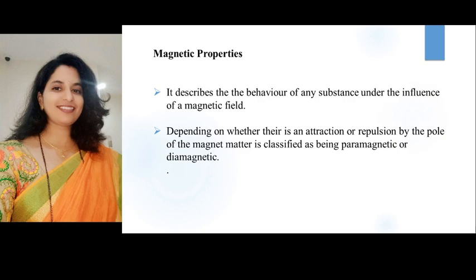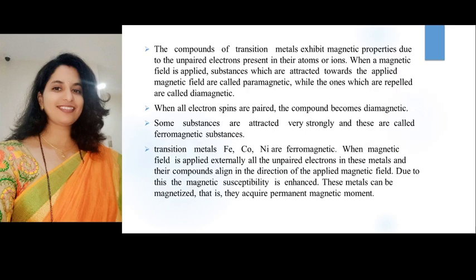Depending on whether there is an attraction or repulsion by the pole of a magnet, matter is classified as being paramagnetic or diamagnetic. The compounds of transition metals exhibit magnetic properties due to the unpaired electrons present in their atoms or ions.